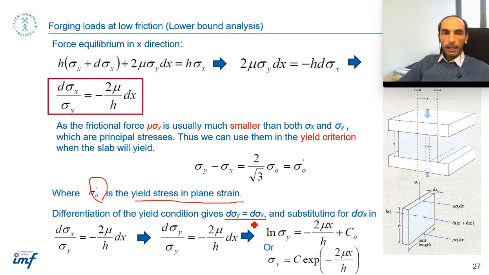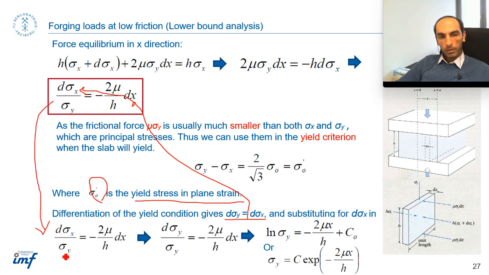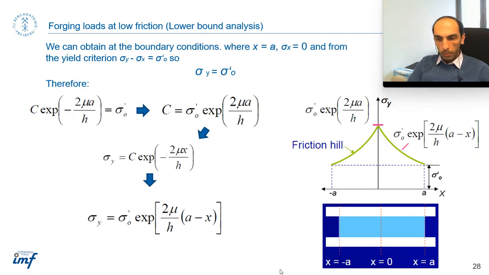So if you put it here, the equation can be obtained in this form, that d sigma y over sigma y is equal to, now you can integrate. After integration, you have ln sigma y equal to the term on the right, but now you have a constant c0 here, or you can write it in the exponential form. We should obtain the constant c0 using the boundary condition, of course.